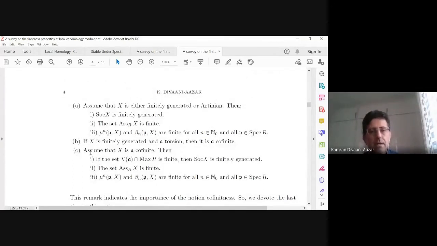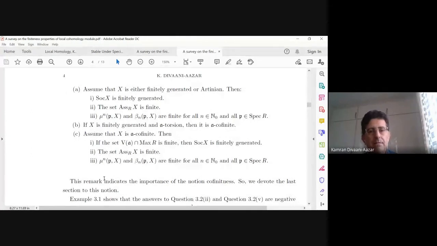Part C: assume that X is cofinite. Then we have these three assertions. The first one: if the set V(A) intersected with the set of maximal ideals is finite, then the socle of X is finitely generated.